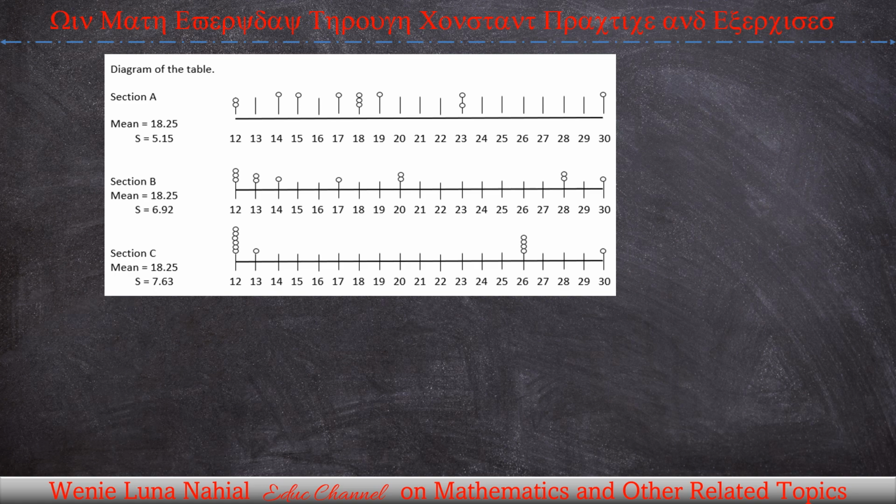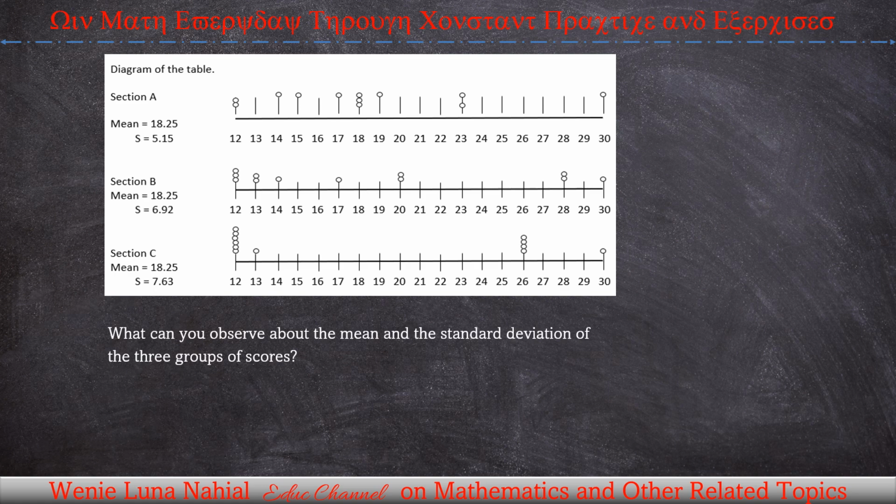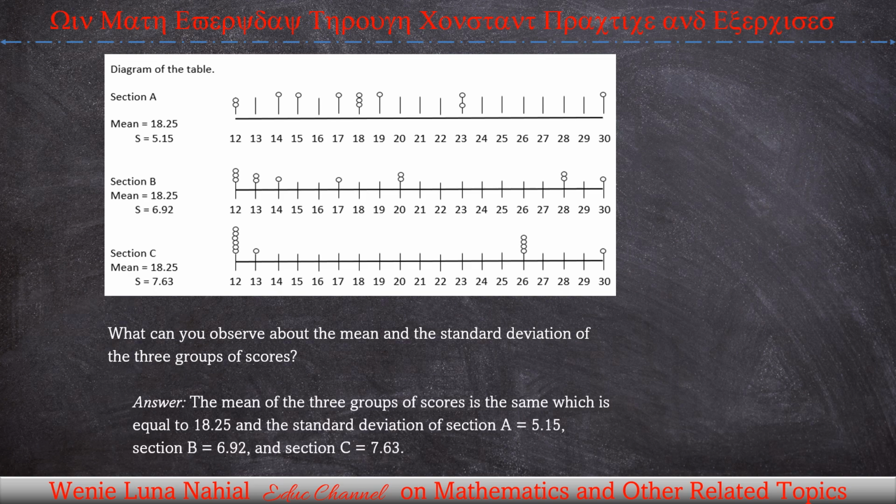Okay, it's time now to answer the questions we had at the start of this presentation. What can you observe about the mean and the standard deviation of the three groups? The answer is the mean of the three groups of scores is the same, which is equal to 18.25, and the standard deviation of section A is 5.15, section B is 6.92, and section C is 7.63.